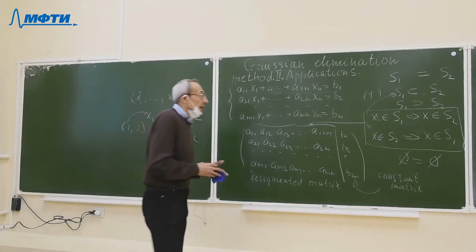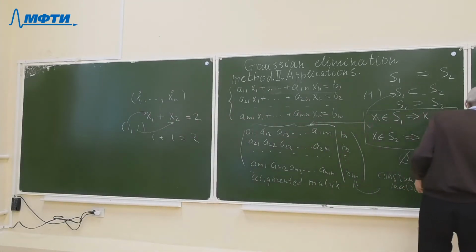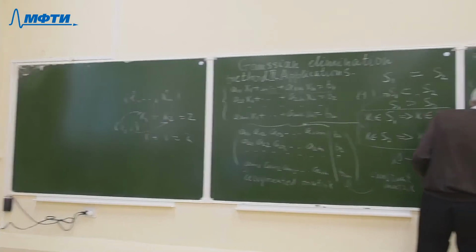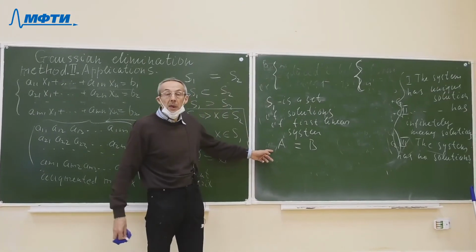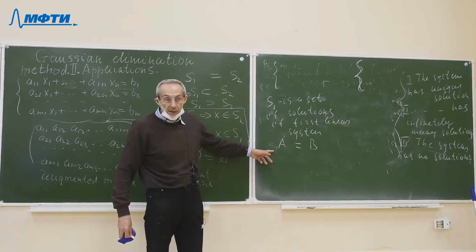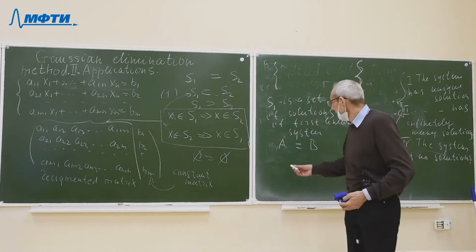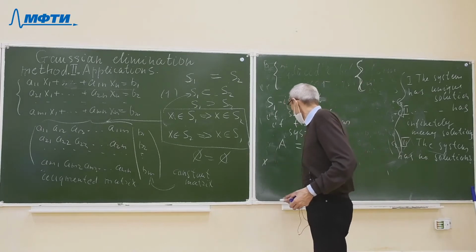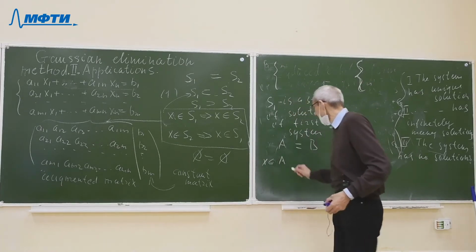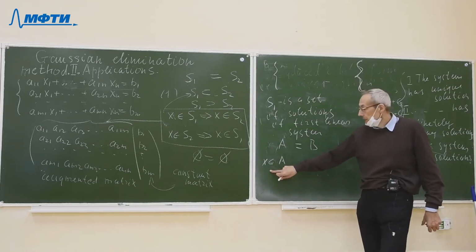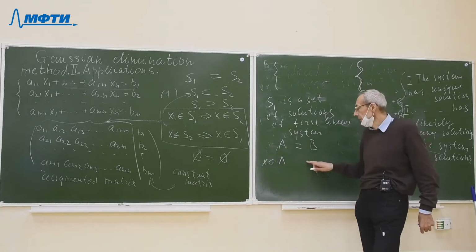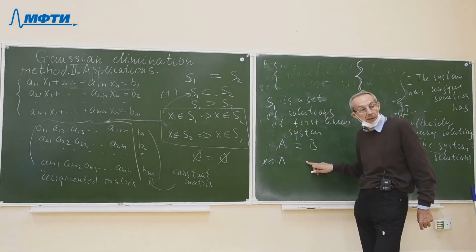What does it mean? We have two arbitrary sets, A and B. What does it mean that two sets coincide? By definition, if we have some element of the first set, this element is also an element of the second set.